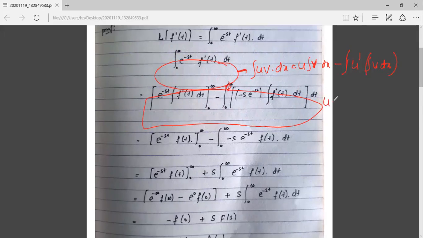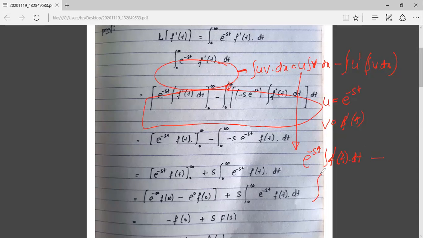Here we have u equal to e to the power minus st, and we have f dash of t. Let's see the formula here. It is e to the power minus st as the u function, and the integration of f dash of t with respect to dt. This is the first function, minus the second function, which is the integration of u dash.